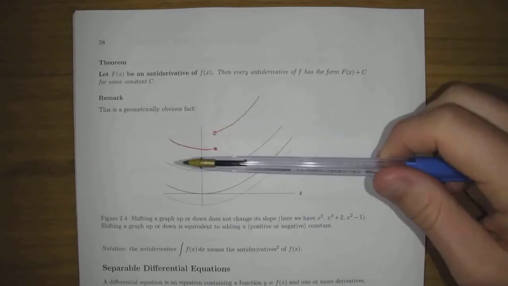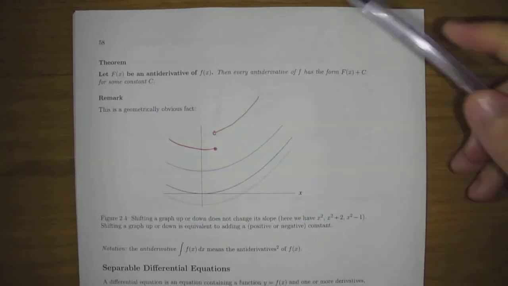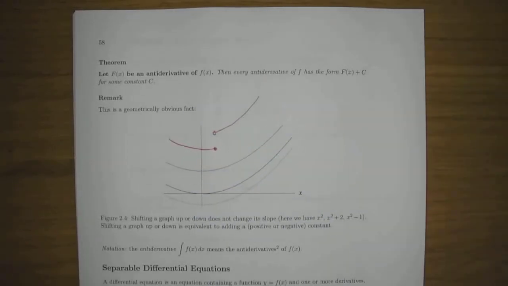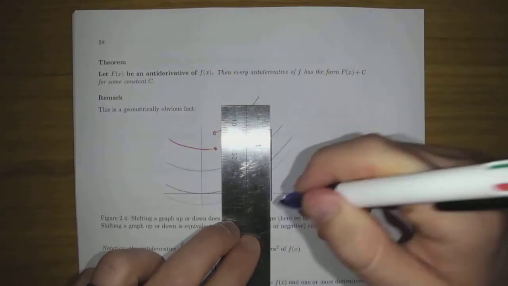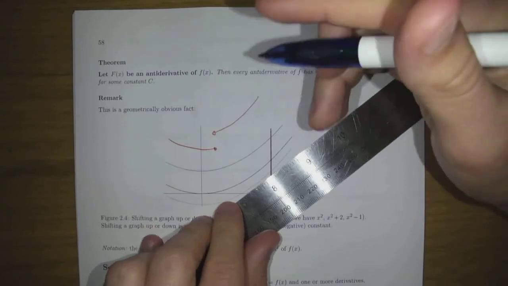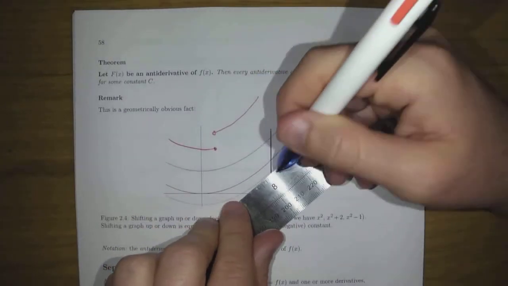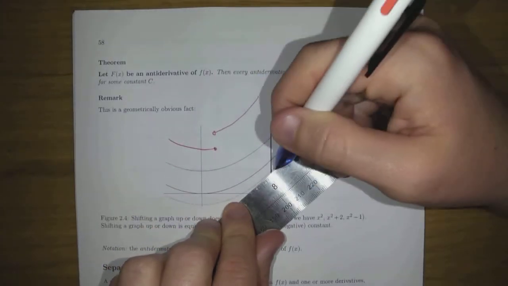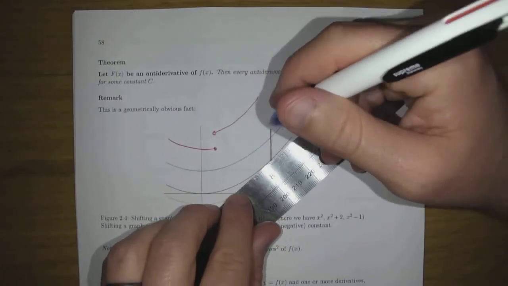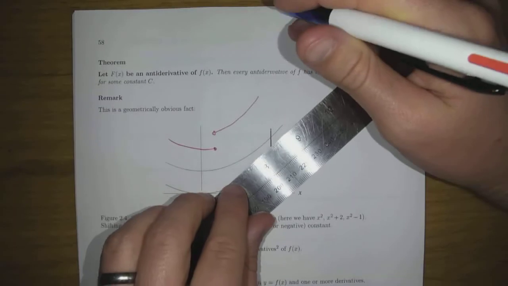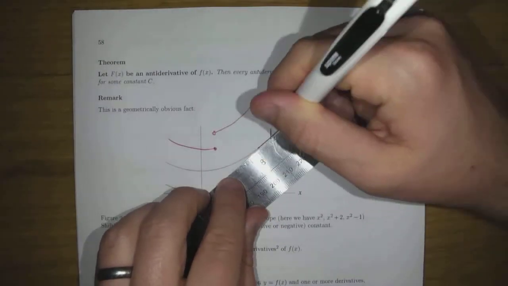So the idea though is shifting a graph up or down does not change its slope. So if I draw this vertical line here, so this is a particular value of x, and if I look at the slope at this point, which means the slope of the tangent, all these curves should be parallel. And indeed they are.